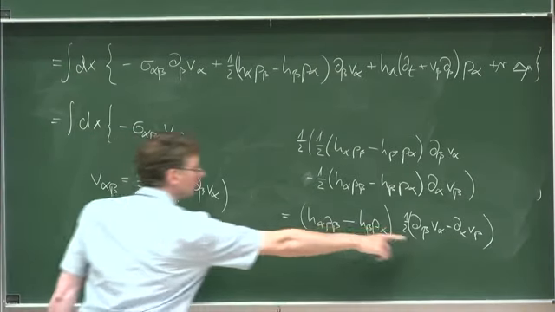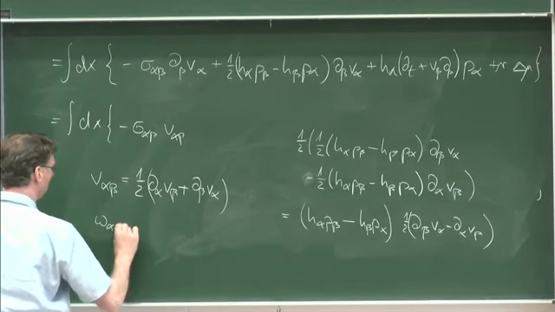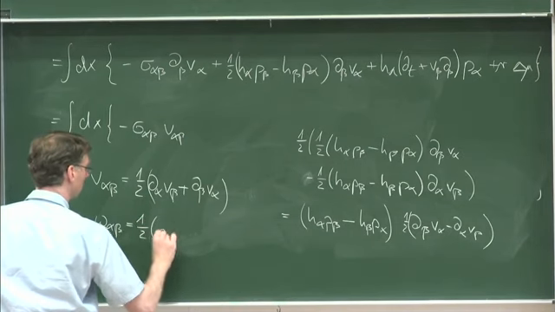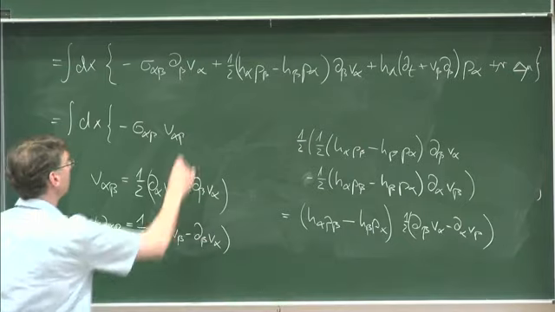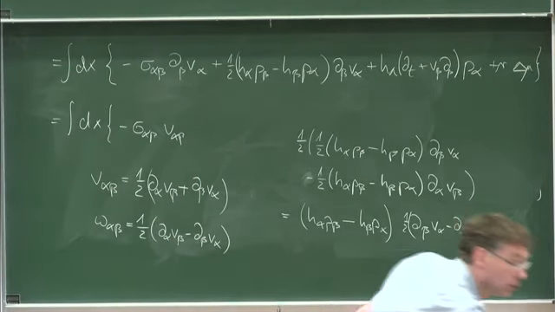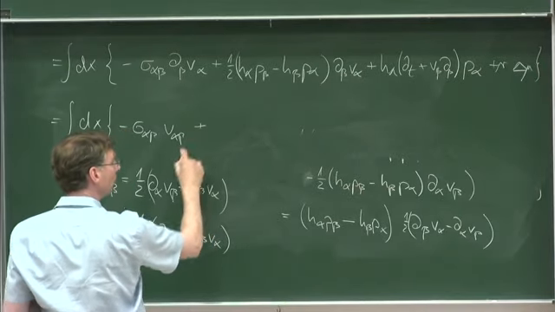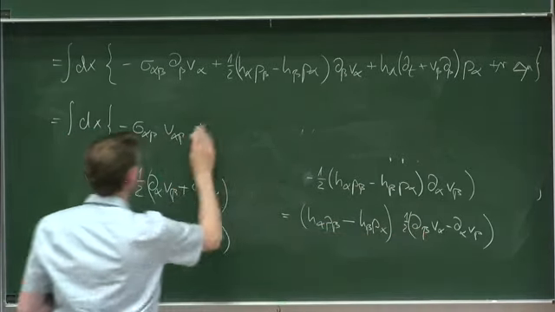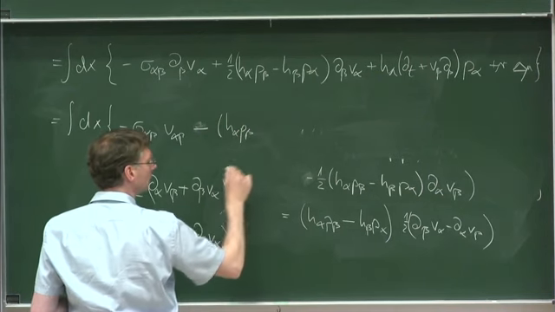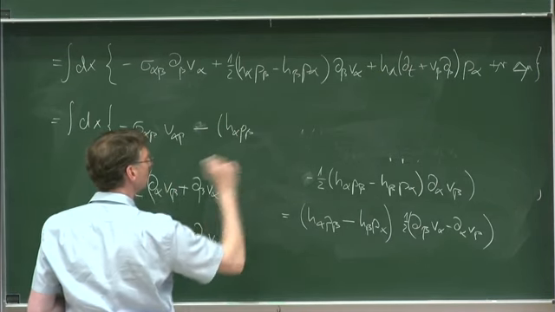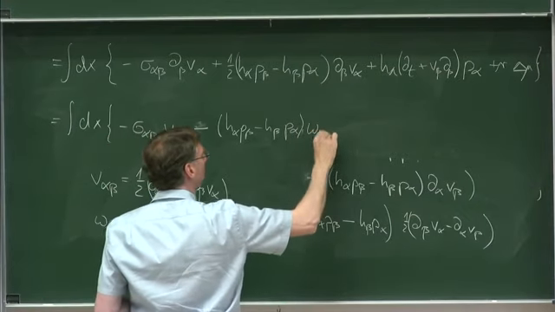And this here is nothing but minus the vorticity, so I can write omega alpha beta as d alpha v beta minus d beta v alpha, and so I can write this term as a plus, and here's like minus h alpha p beta minus h beta p alpha times omega alpha beta.